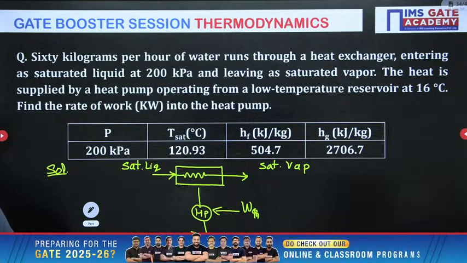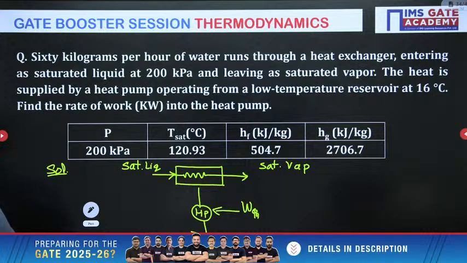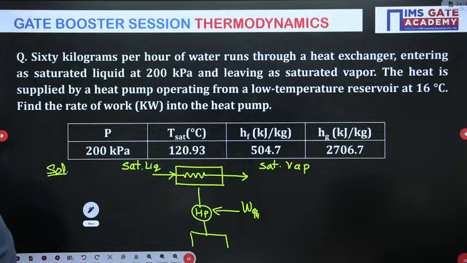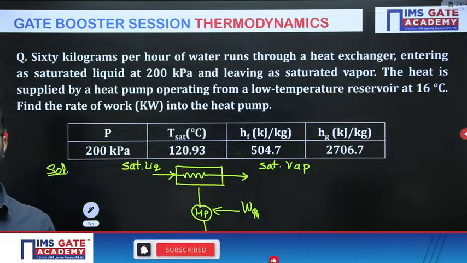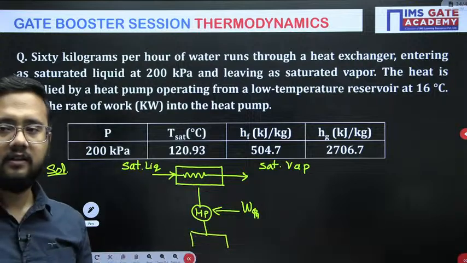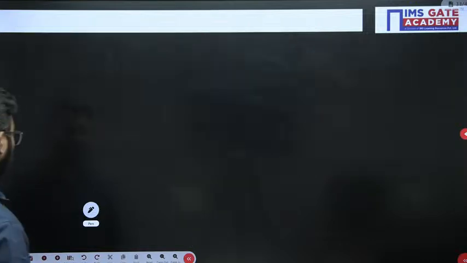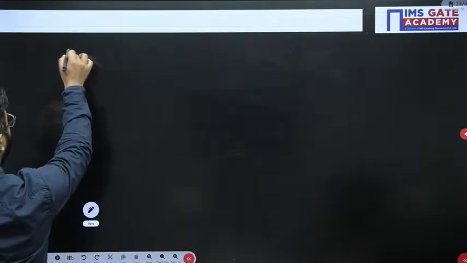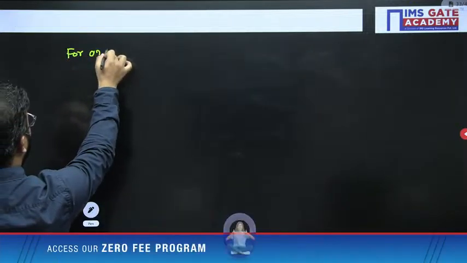Aditya, is it clear? If you use MCP ln T2 by T1, then you have to write pressure also, because see, this is also for an ideal gas.